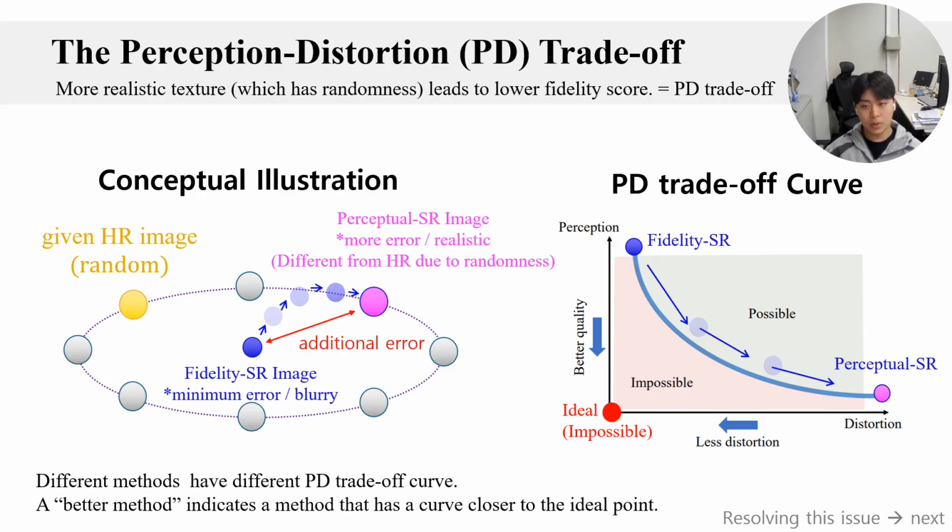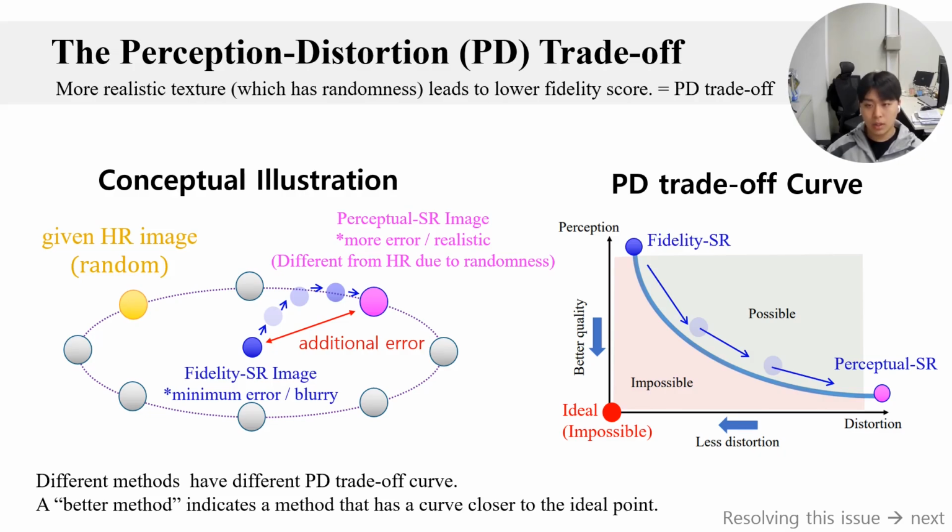The pink dot labeled perceptual SR image represents an SR result optimized for realism using additional perceptual-oriented losses. This version introduces much more natural textures and high-frequency details, but has additional error, highlighted by the red arrow, because the generated high-frequency textures are different from the actual high-resolution image, which must lead to lower fidelity scores.